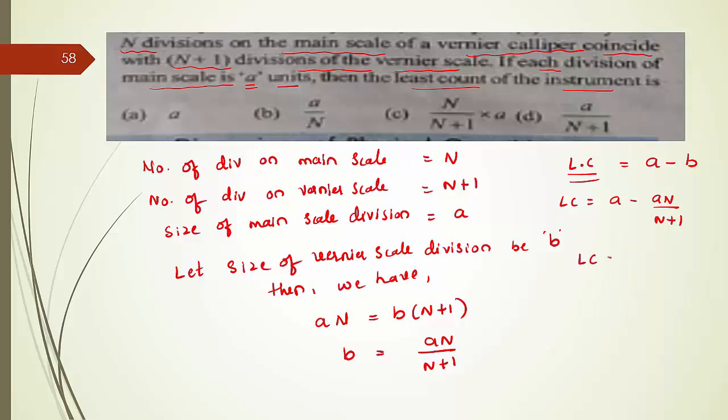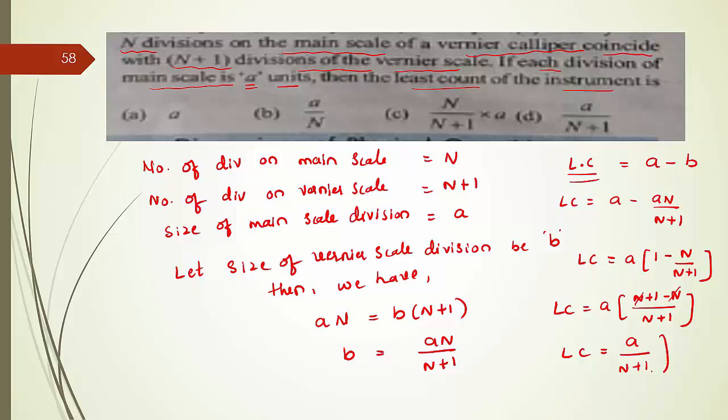Or we can write LC equal to A, we can take outside, 1 minus N divided by N plus 1. Take LCM, A keep as it is, N plus 1 minus N divided by N plus 1. N minus N will get cancelled, A divided by N plus 1. So this is the least count of the instrument. LC equal to A divided by N plus 1. So option D is right.